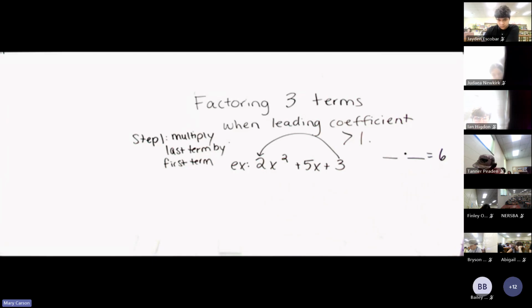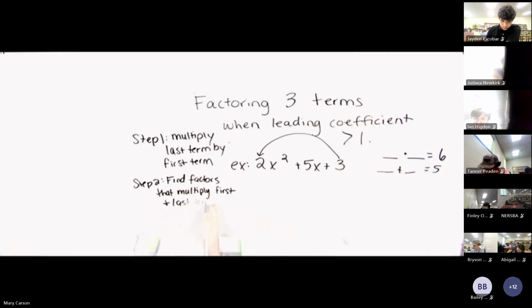And it's the same process. You're going to find the factors that multiply to give you that number, but add to give you the middle term. So it's the same process here. So step 2, find factors that multiply to the first and last term and add to the middle term.